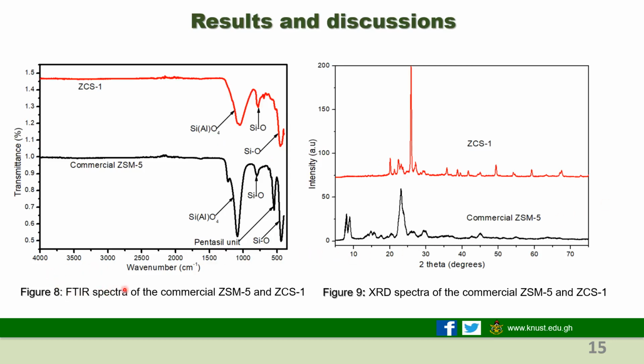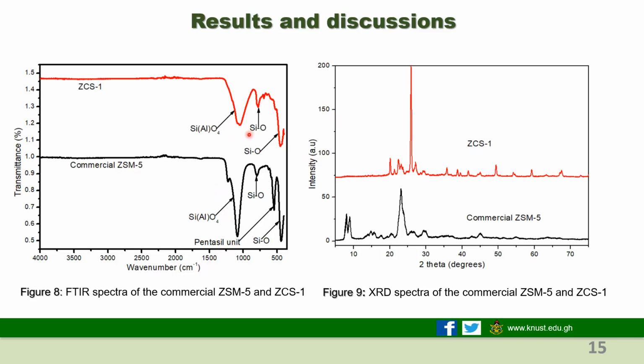FTIR analysis was done on the different zeolite samples, and their spectra were compared to the commercial ZSM5. The aluminosilicate framework vibration, which is present in the commercial ZSM5, is also present in ZCS1, but the peak is sharper in the commercial ZSM5 but broader in ZCS1.